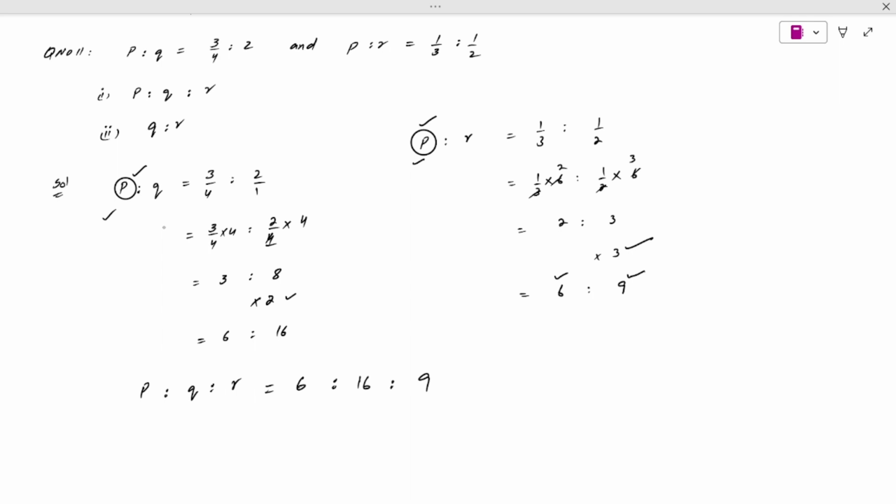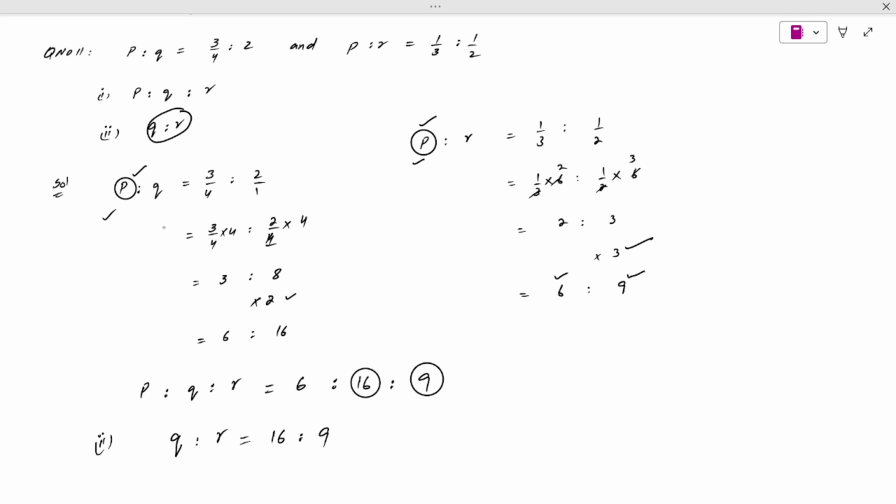Now in the second part, we need to find Q ratio R, and the ratio of Q now is 16 and the ratio of R is 9. So from part 1, Q ratio R equals 16 ratio 9. This is the required ratio in question number 11.